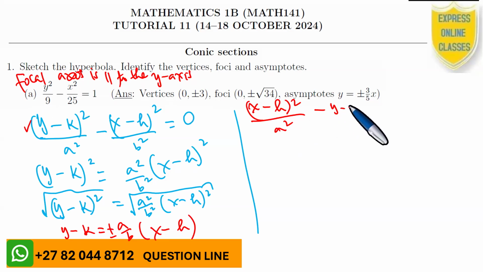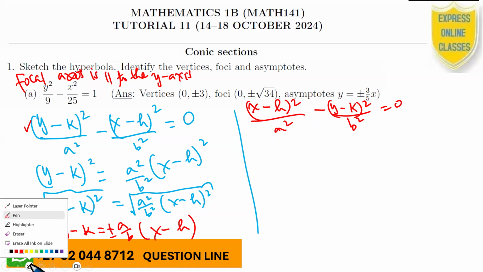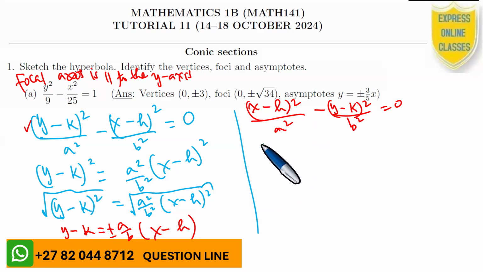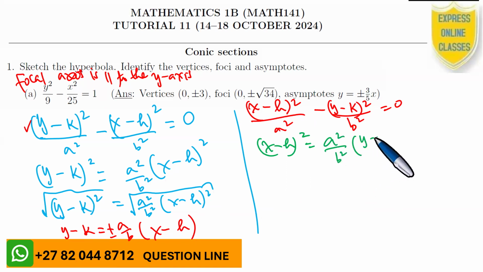You have y minus k squared over b squared equals 0. These are the 2 formulas we'll ever encounter in this course. And then we have other translated shapes. Right, let us make x the subject out of this. Which means here we're going to have x minus h squared, which is y minus k squared.